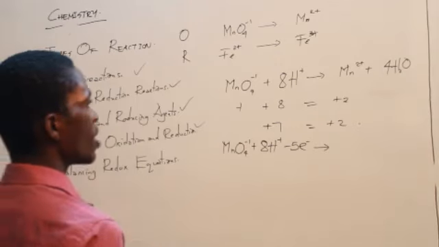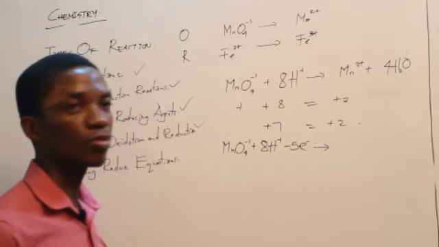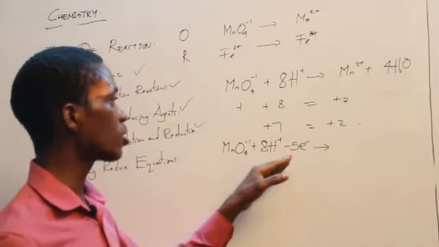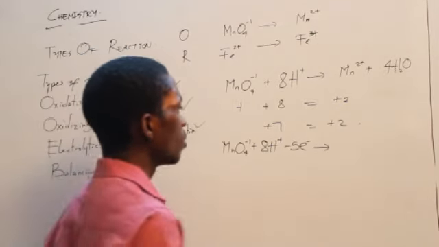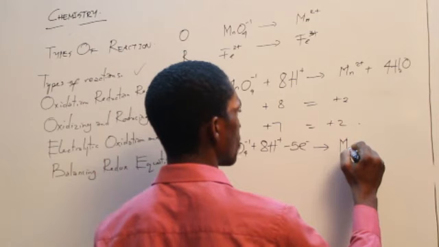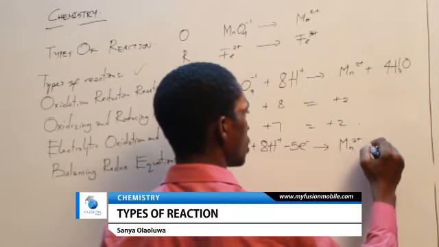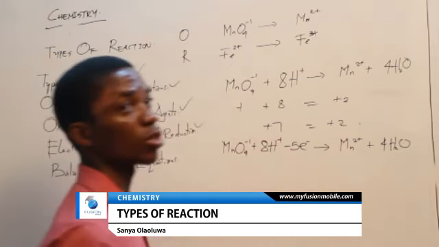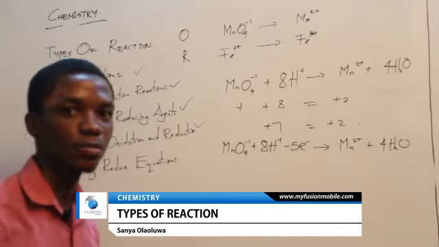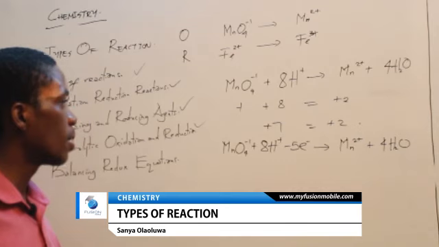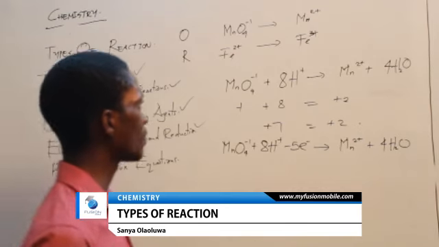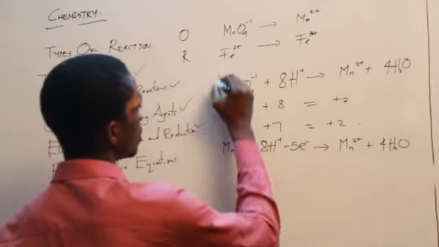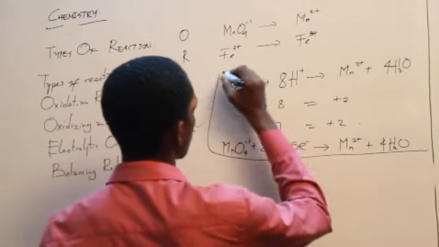Now this -5 electrons, that's the amount of oxidation it receives. But for now, we are not concerned about where the oxidation came from. But of course, it concerns us. The entire expression has to be fully balanced. Alright, let's go to the other half equation. This is our oxidation section of the half equation.